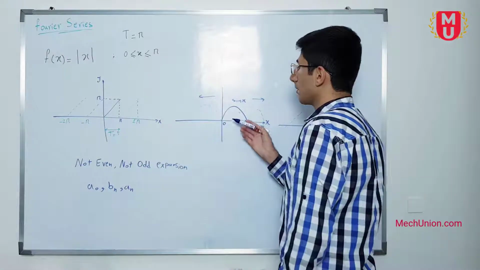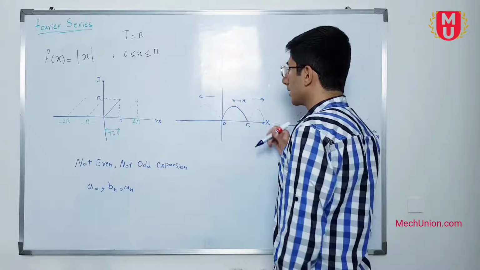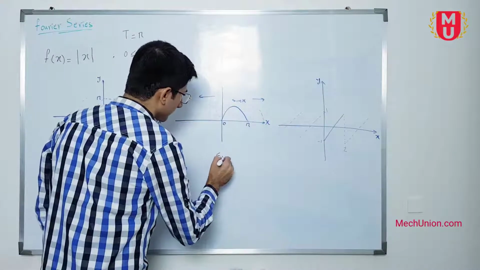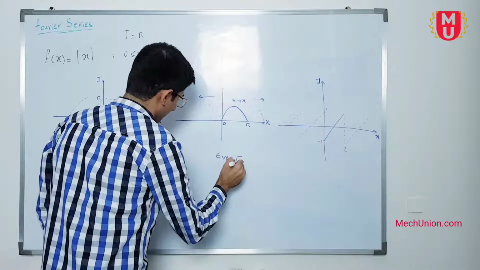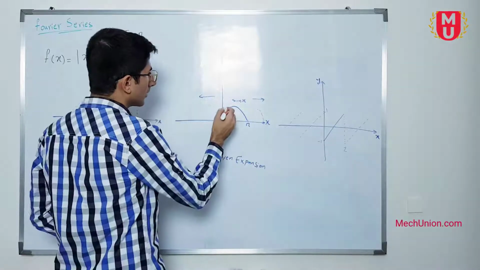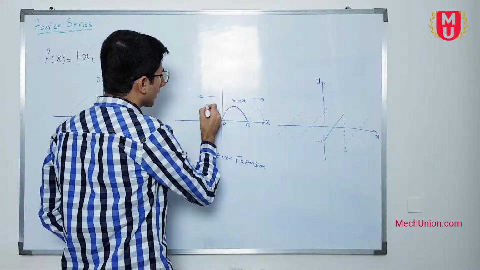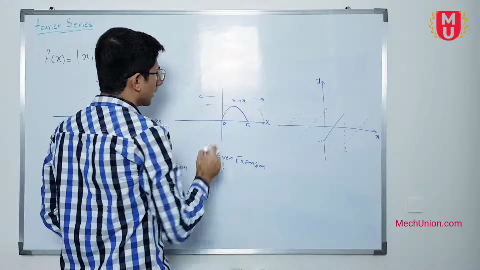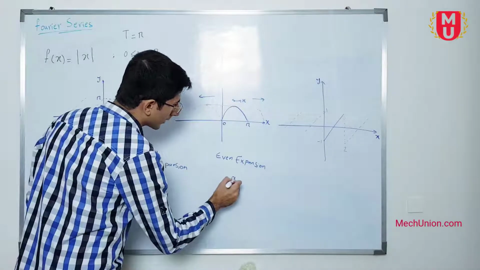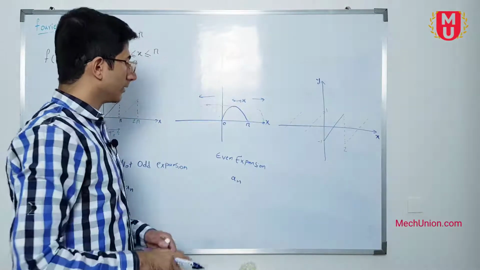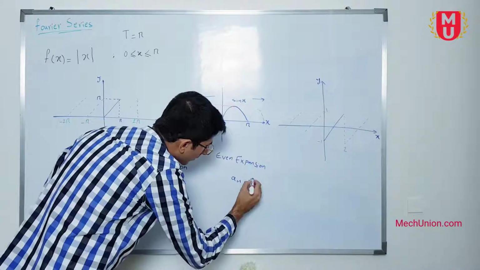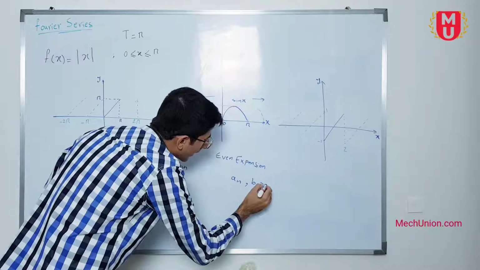Another type of expansion is called even expansion, which is an even function, as you can see. In this type of expansion, we just have A naught, and Bn is 0.